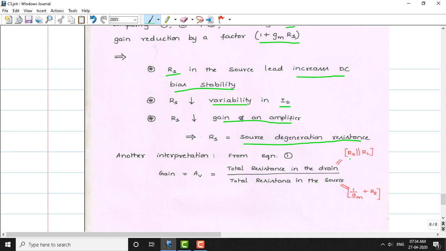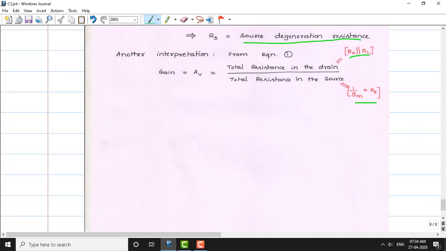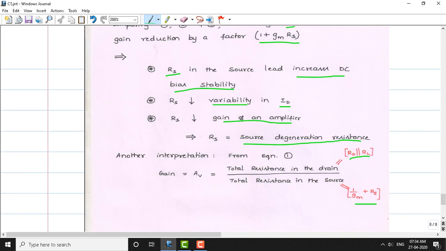At the drain we have a total resistance of Rd parallel with RL, and at the source we have a resistance of Rs plus 1 by Gm. So the voltage gain basically depends on resistances, which are passive elements. So that is another interpretation. This completes the common source amplifier with a source resistance.